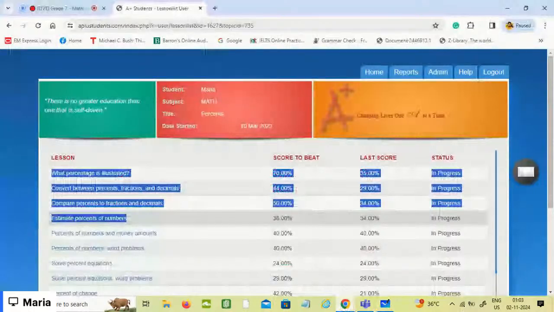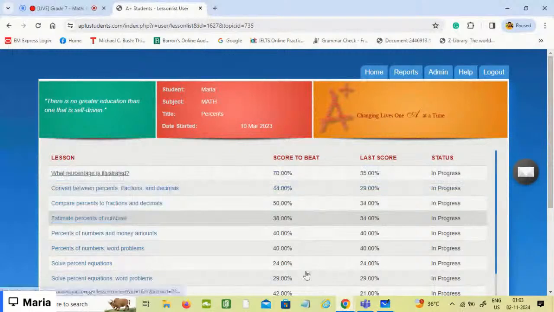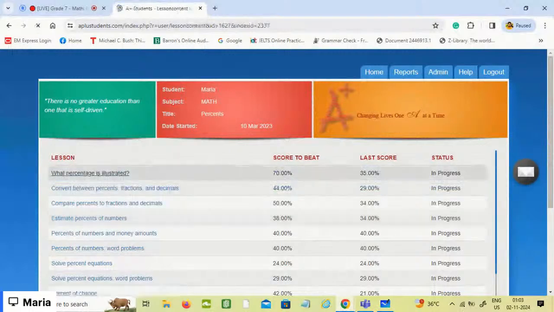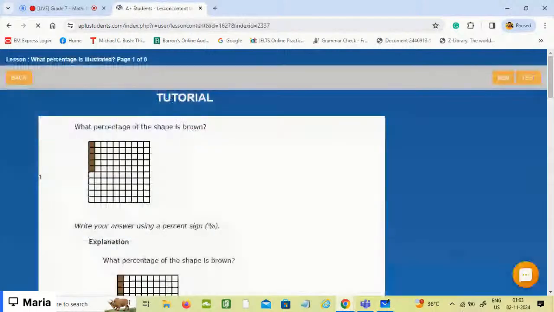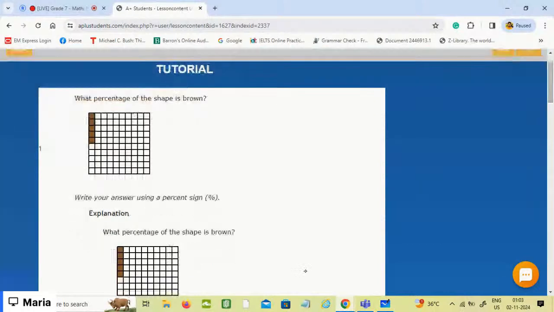Here I am on grade 7 math. The chapter we are on right now is percents. Let's just start with the lesson that is what percentage is illustrated. What percentage of the shape is brown? 1, 2, 3, 4, 5. 5 of the total square represent the 100 small squares, right?